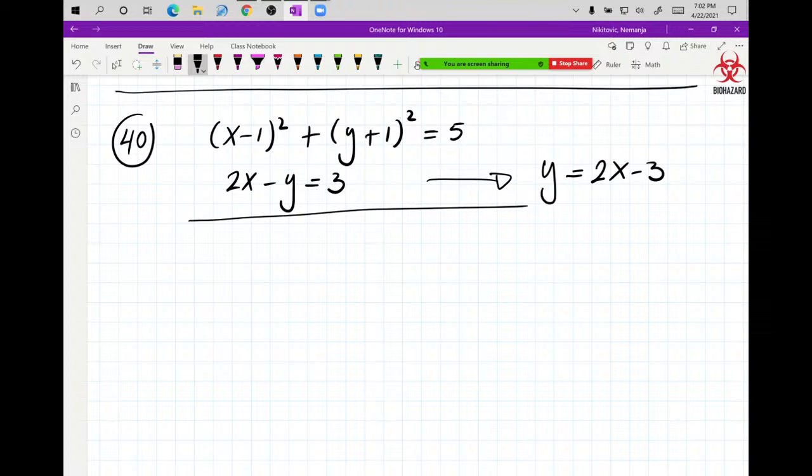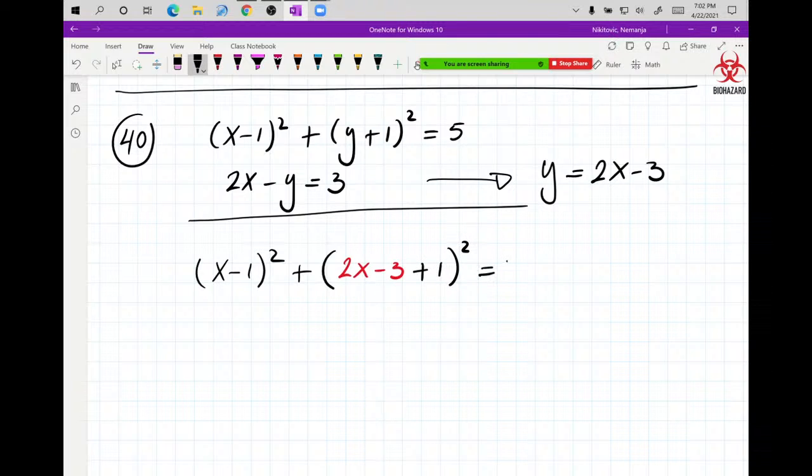So that goes up there and replaces the y, and then we have to square and do all of that stuff. So x minus 1 squared plus, open parenthesis, we have 2x minus 3. That's our y. Then we still have plus 1.